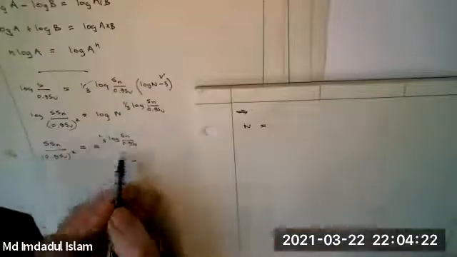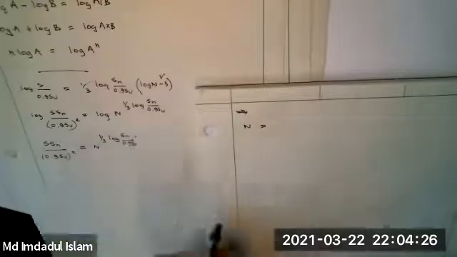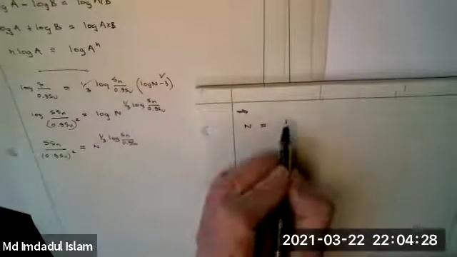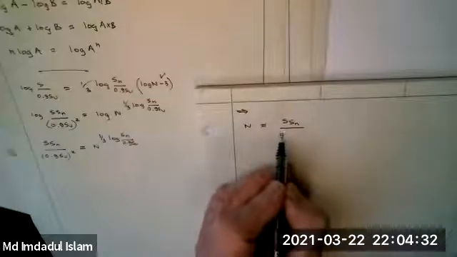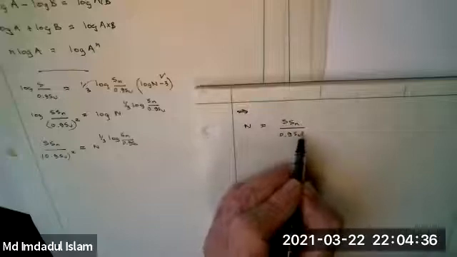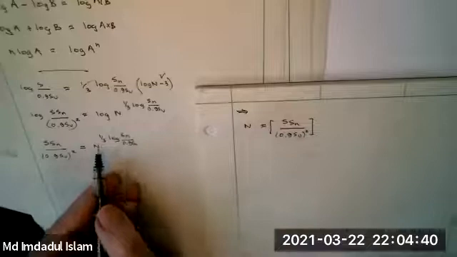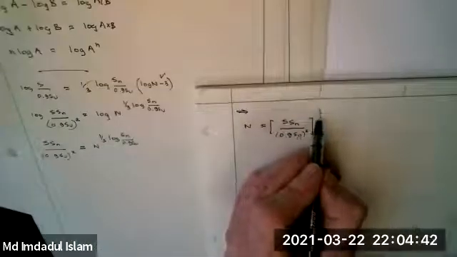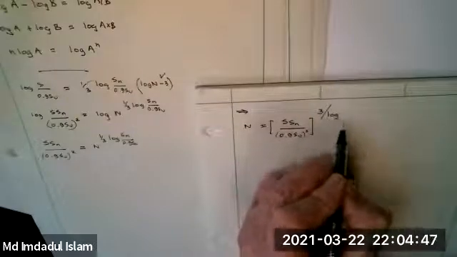This thing raised to the reciprocal power, which is the reciprocal of this number. The reciprocal of a third is 3. And then I want the reciprocal of this, so I divide by it.